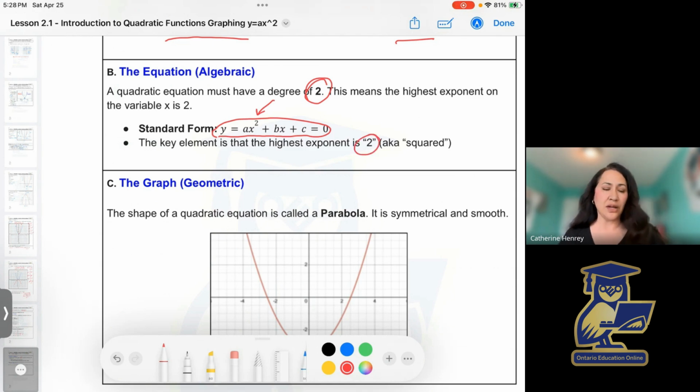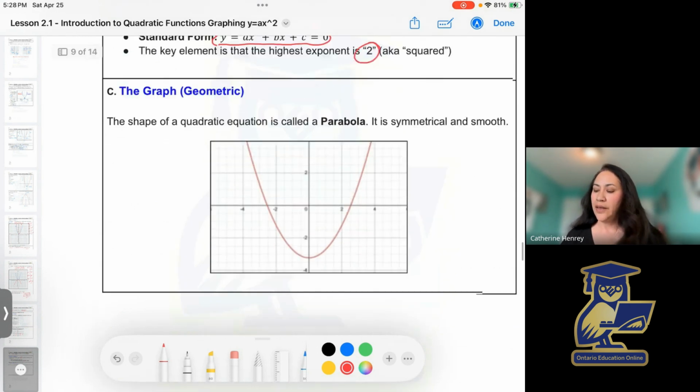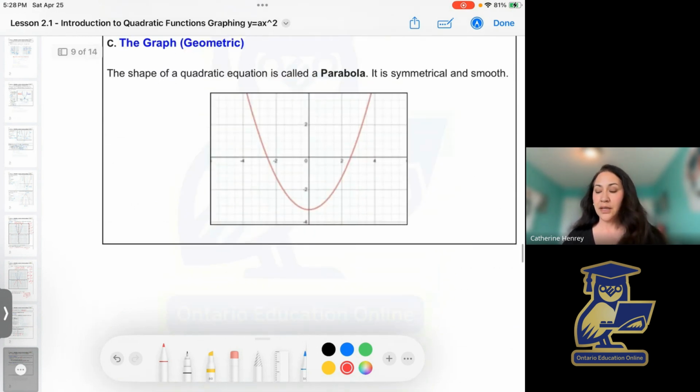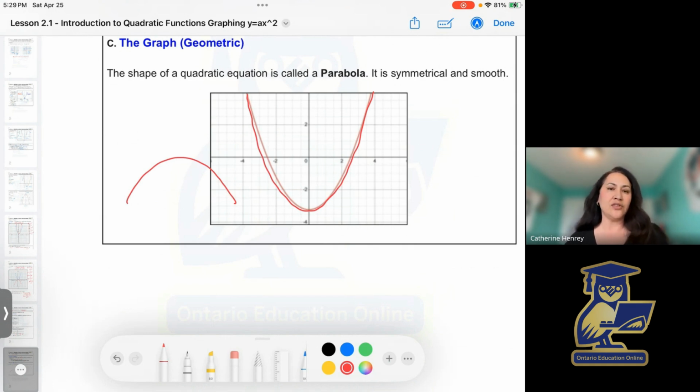That's another way to recognize a quadratic function. And then by a graph, the shape of a quadratic is always a parabola. So if you see any shape like this parabola, whether it opens up or opens down, we know that we're talking about a quadratic function.